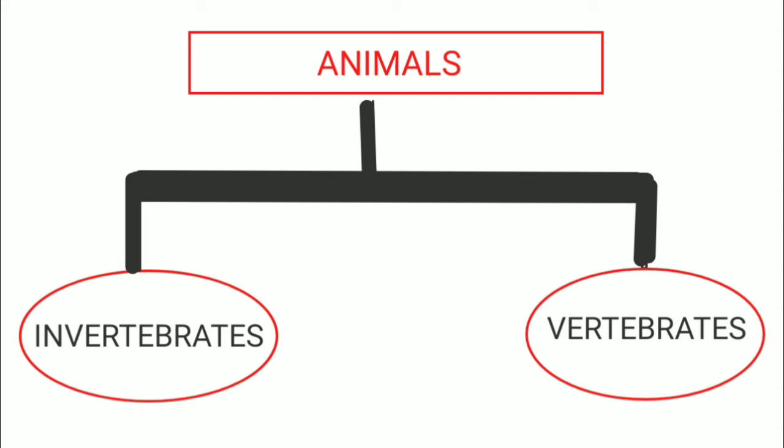What are known as invertebrates? Animals which haven't a backbone are known as invertebrates. Animals that have a backbone are called vertebrates. Have a backbone, vertebrates. Haven't a backbone, invertebrates.